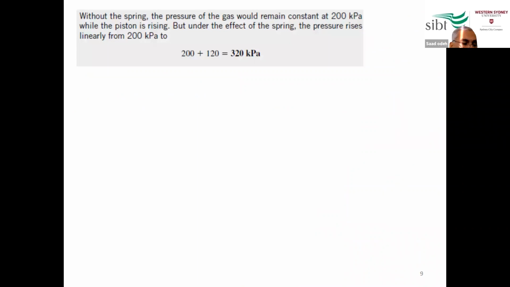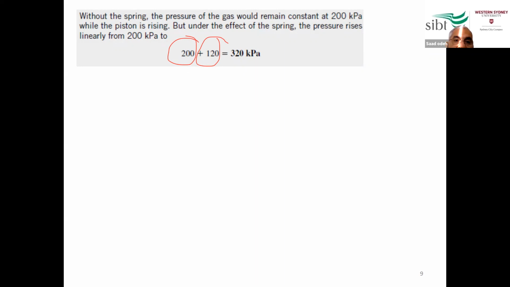Okay, so again, let me clear this. So now, as you can see here, the pressure rises linearly. So we have 200, which is the initial pressure, plus the pressure of the spring, because we are trying to push the spring upward, and the spring is pushing the gas downward.